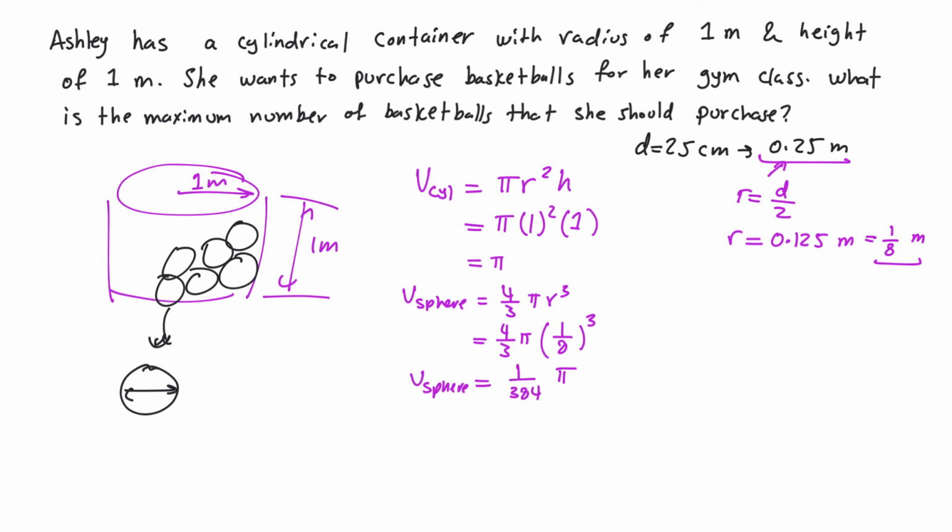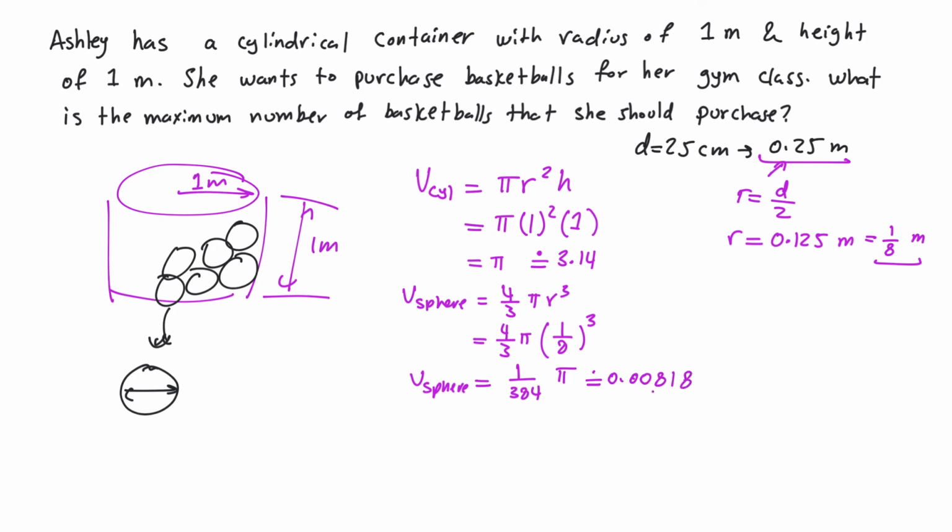Now, since it might be a little difficult for some of the students to understand exact values, I will also write the approximated values of each. So pi would be approximately 3.14, and the volume here would be approximately 0.00818, or 3 significant figures.